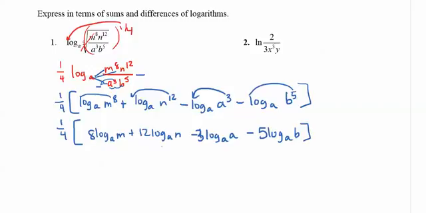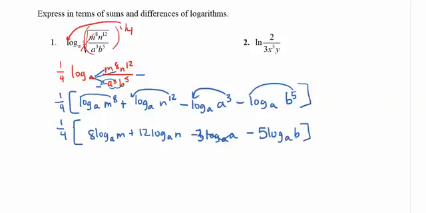Now within this expression, the only thing that I can really do and simplify is the log base a of a. Log base a of a is 1. So those logs cancel, but you still have the -3 in front.